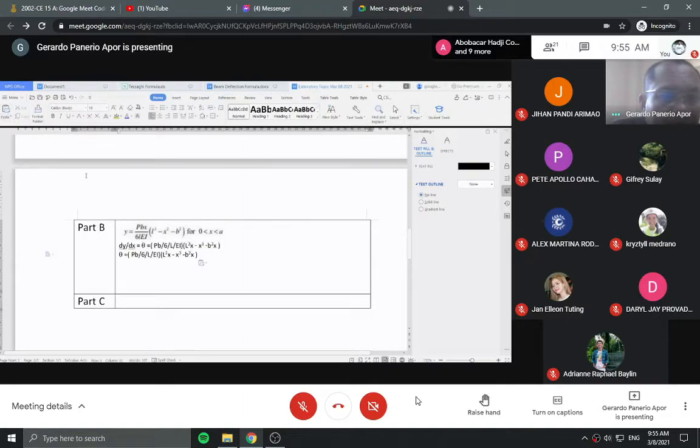the derivative of L squared x will become L squared. So we put d over dx, the derivative of that, no?